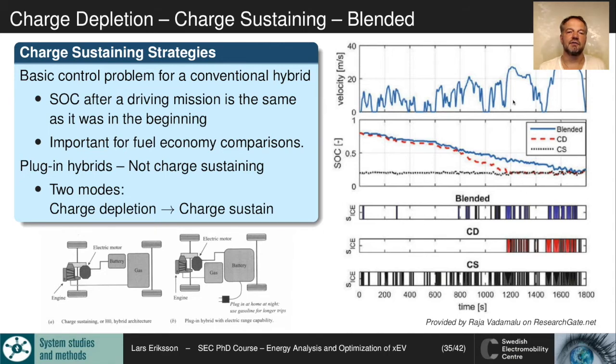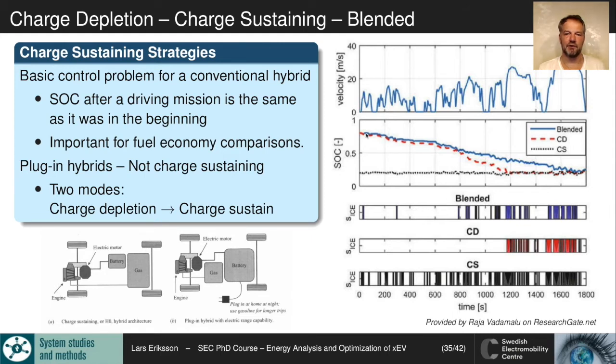So this is an illustration showing the World Harmonized Light Duty Test Cycle, WLTC, and here we have in solid charge sustain, so we're keeping the charge at the same level, so it starts at one level and it's the same level when it comes to the end. And when you have the other strategy, the charge depletion strategy, we start up here and we empty the battery as soon as we can, and then we go over to charge sustaining.